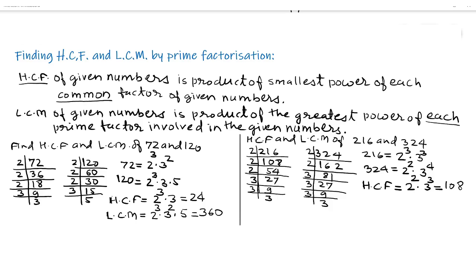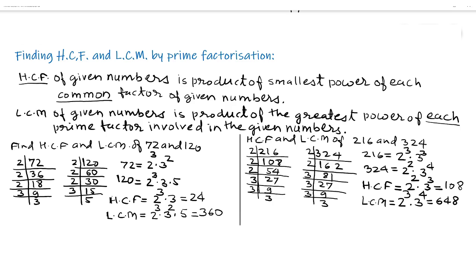Now we find LCM. LCM is greatest power of each prime factor. So greatest power of 2 in both the numbers is 2 to the power 3, and greatest power of 3 is 3 to the power 4. So our LCM is 2 to the power 3 into 3 to the power 4. This is equal to 648.